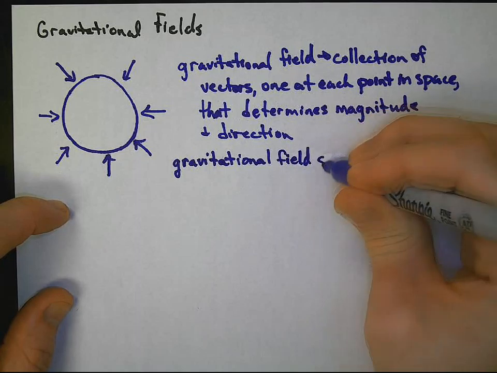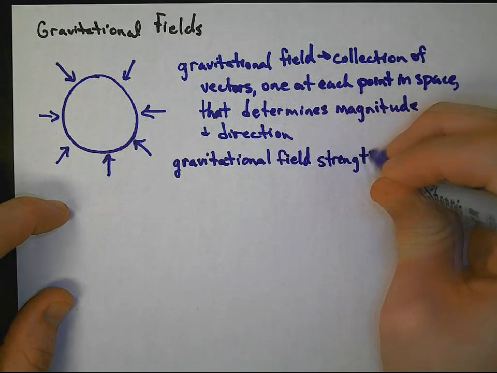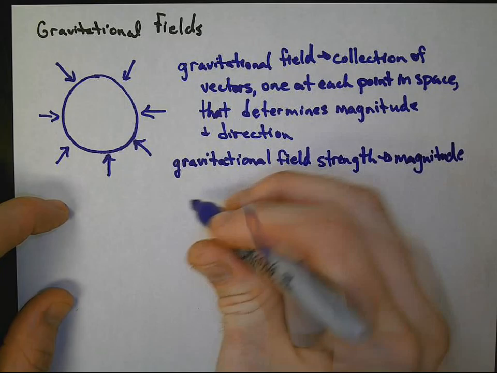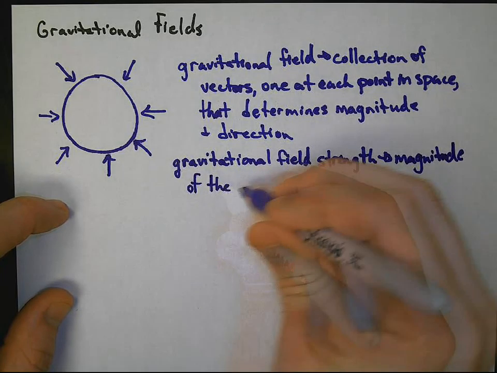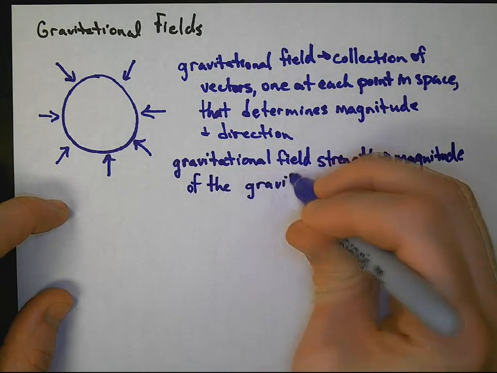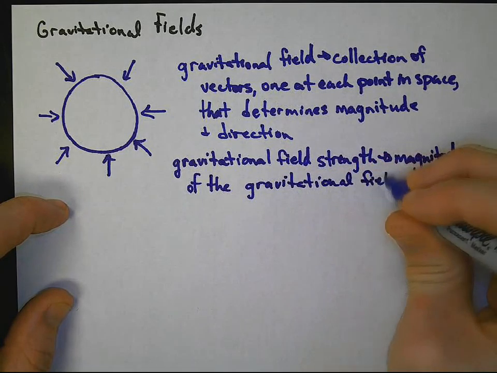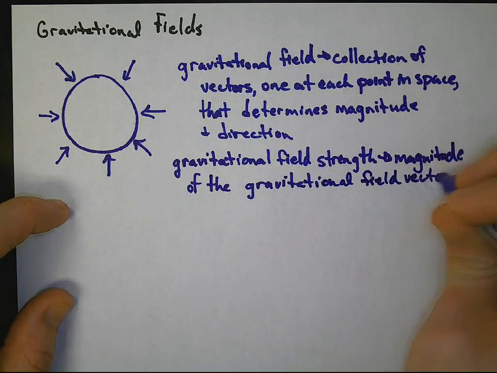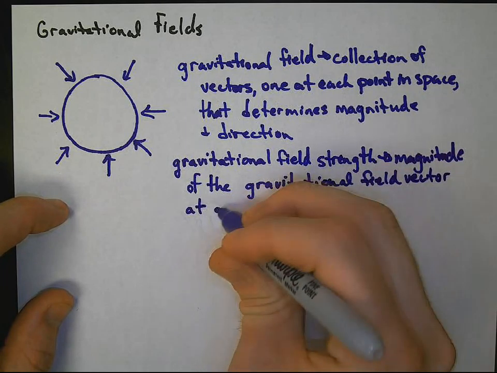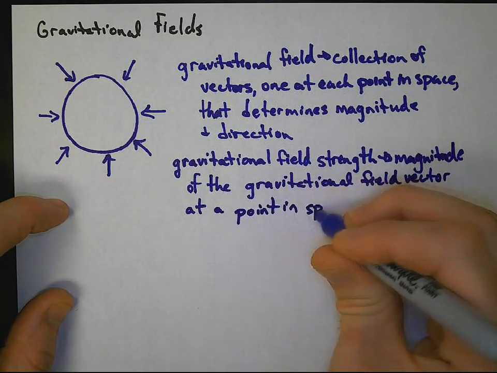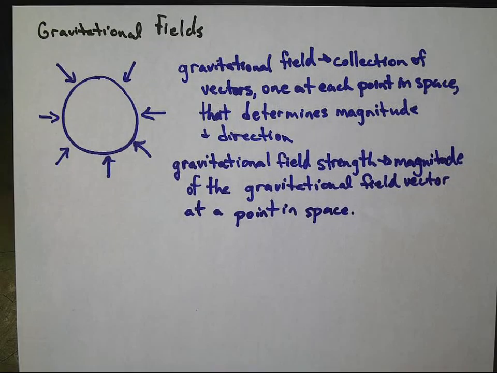With this gravitational field that is created, we also get a gravitational field strength. The gravitational field strength is the magnitude of the gravitational field vector at a point in space. It is quite simple to calculate this magnitude.